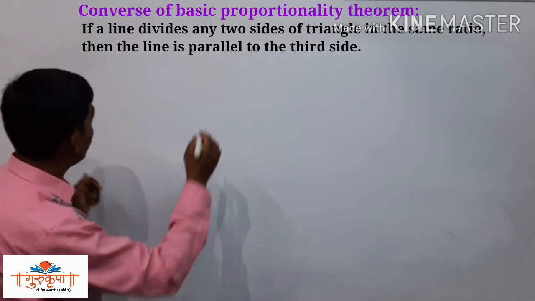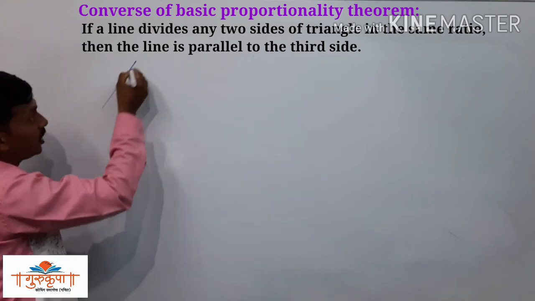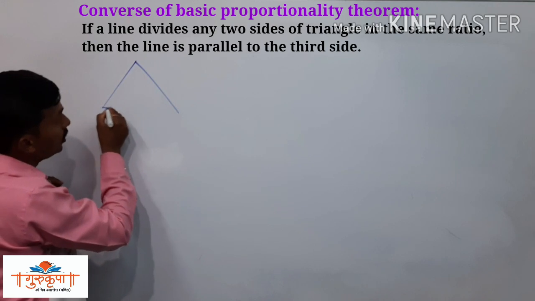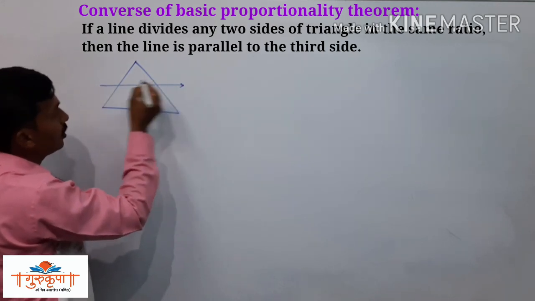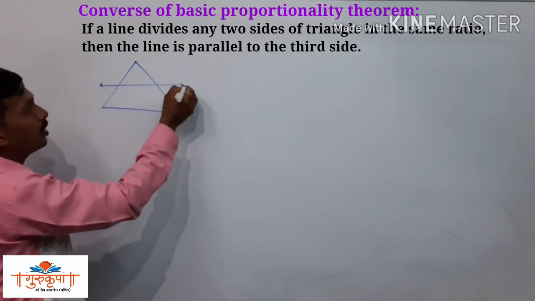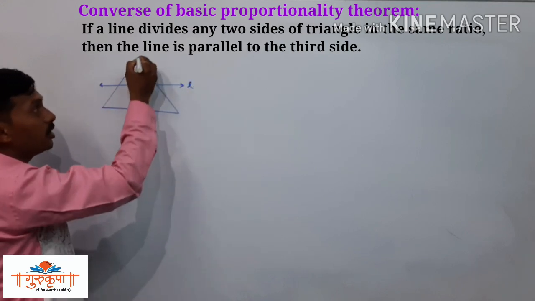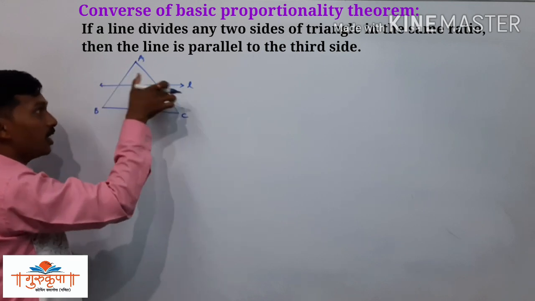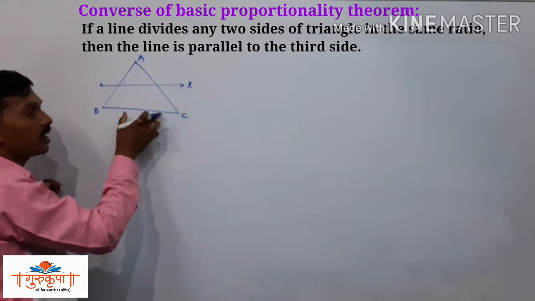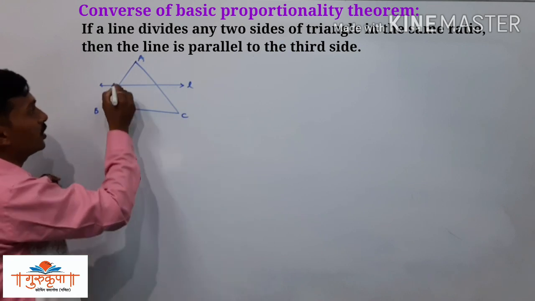So here the given information is, we will draw the diagram here. Here it is given that this line L divides these two sides, that is AB and AC of the triangle ABC, proportionally.